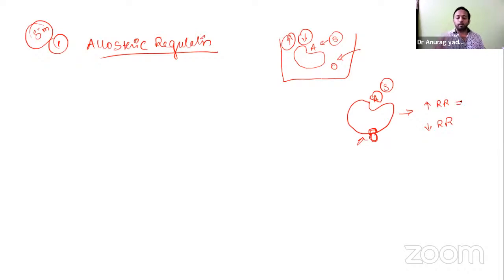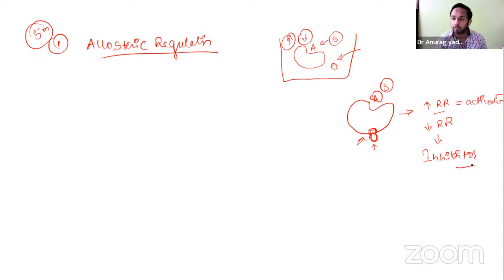If binding of this molecule to the enzyme increases the rate of reaction, it is called an activator, because it is increasing the rate of reaction and activating. The one which is decreasing the rate of reaction, we term the inhibitor. It is inhibiting the reaction.